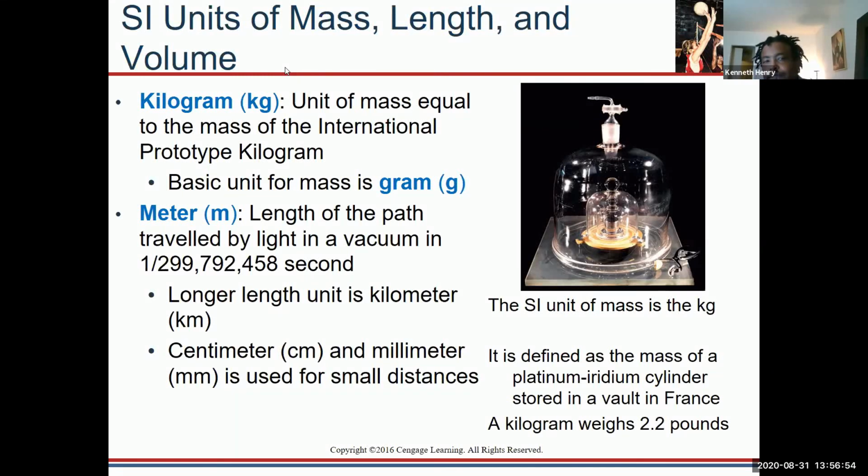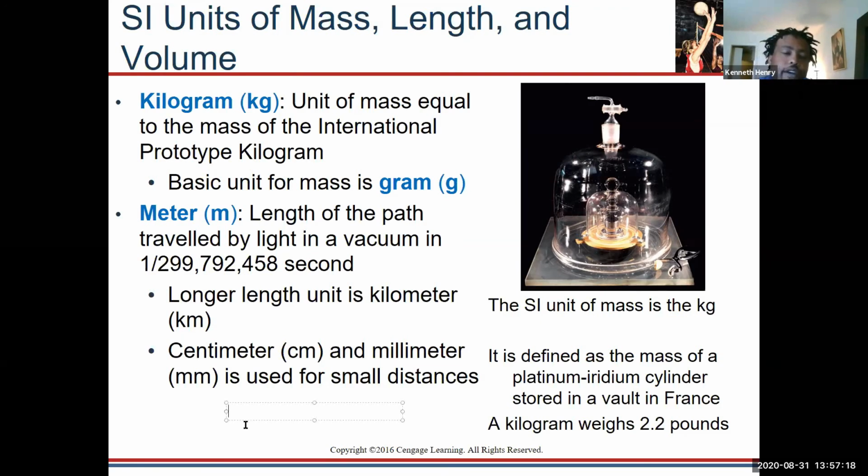Kevin, can you repeat the question? So if I'm writing my tender profile and I want to use SI units to put my weight in, how many kilograms do I weigh? I weigh 220 pounds and I want it in kilograms.